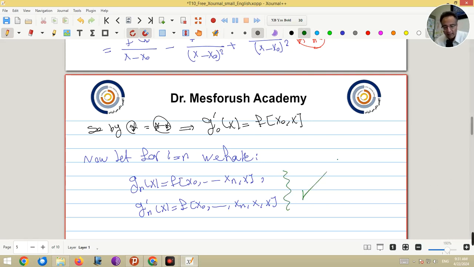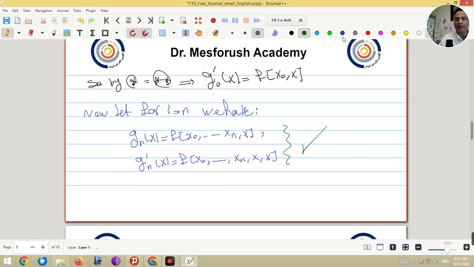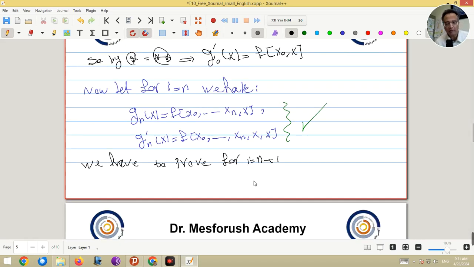Now we have to prove it for i equal to n plus 1. So we define g n plus 1 of x equal to f of x0 to xn, xn plus 1, and x.